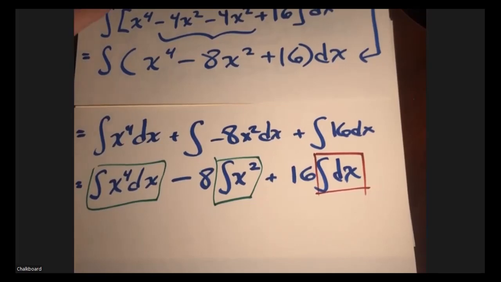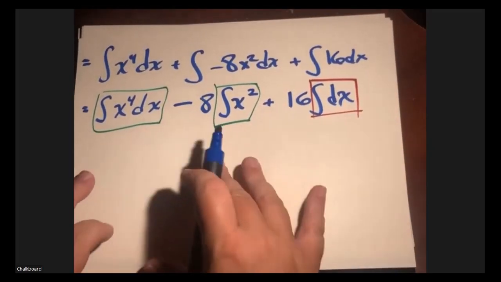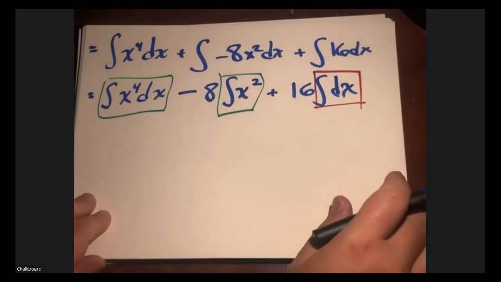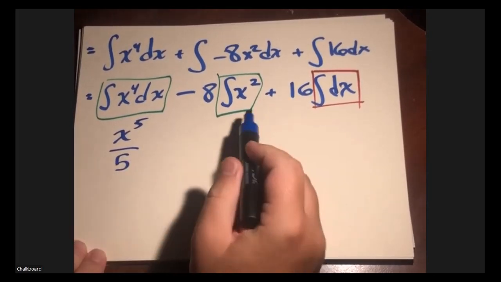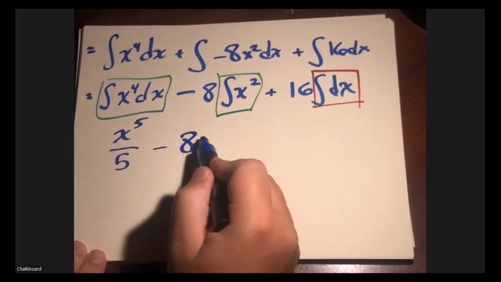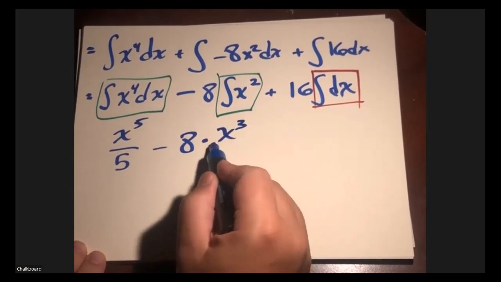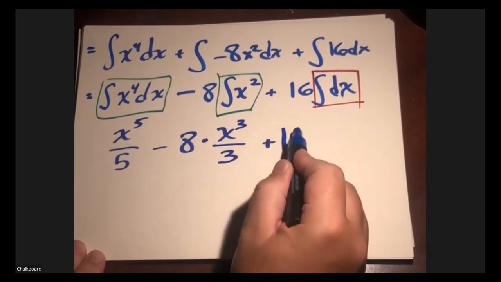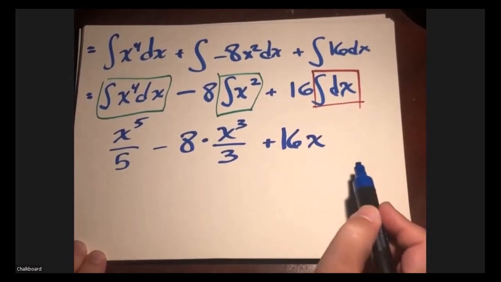For x to the fourth, it becomes x to the fifth over 5. Now minus 8 times, and this is going to be x to the third over 3. Plus 16 times, and now the integral of dx we have learned is just x.